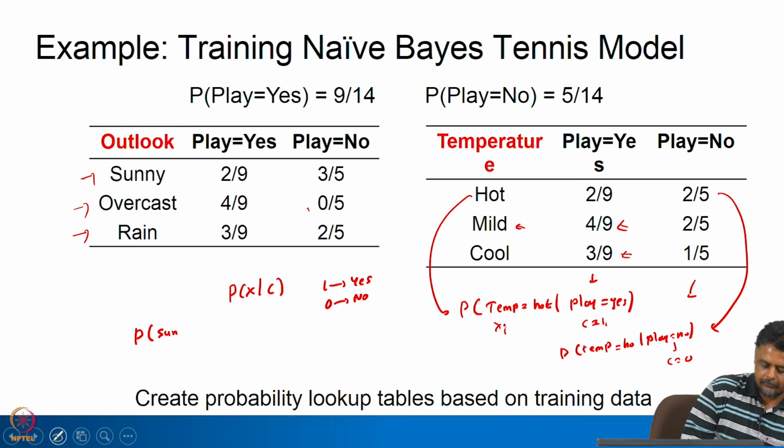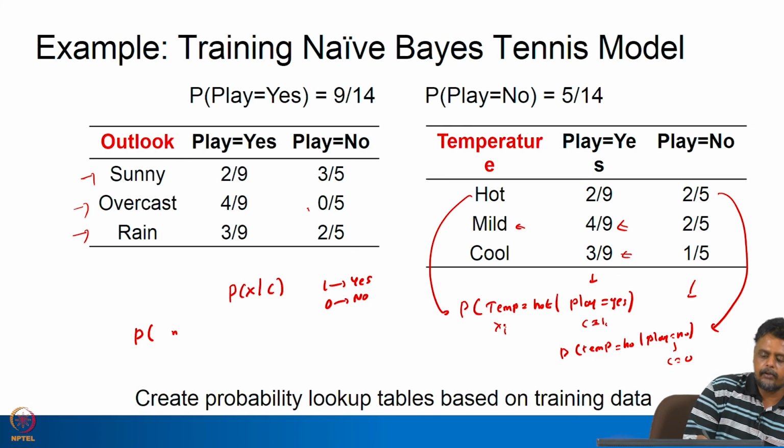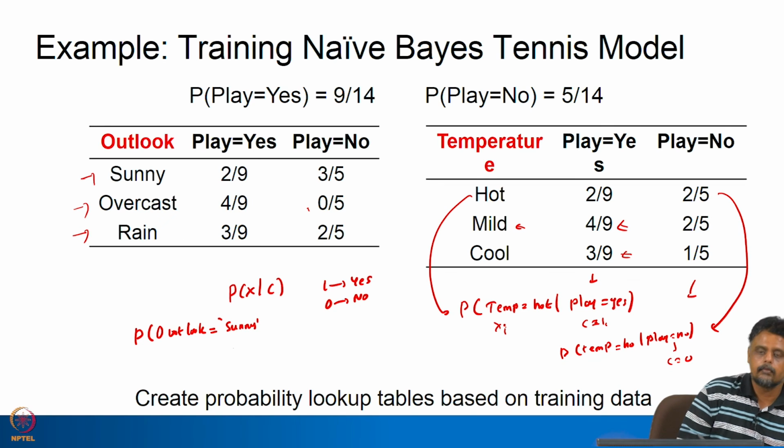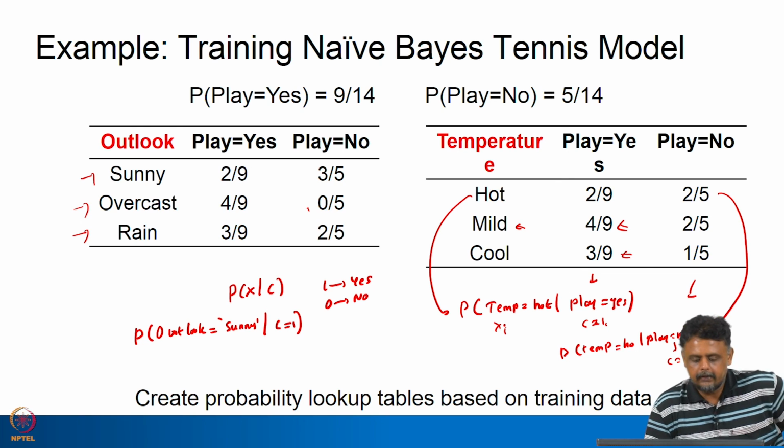We will just calculate the probability of feature outlook. Outlook is the name of a feature, and we want it to take a particular value, given that we decide to play, that is, given that class is 1. That is the probability that we want to calculate.